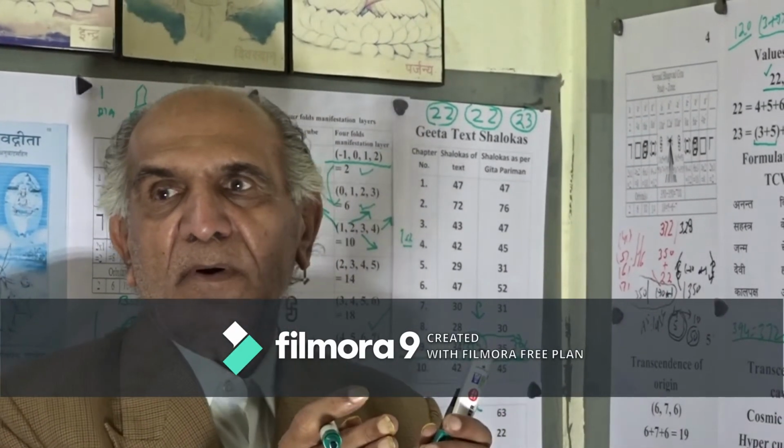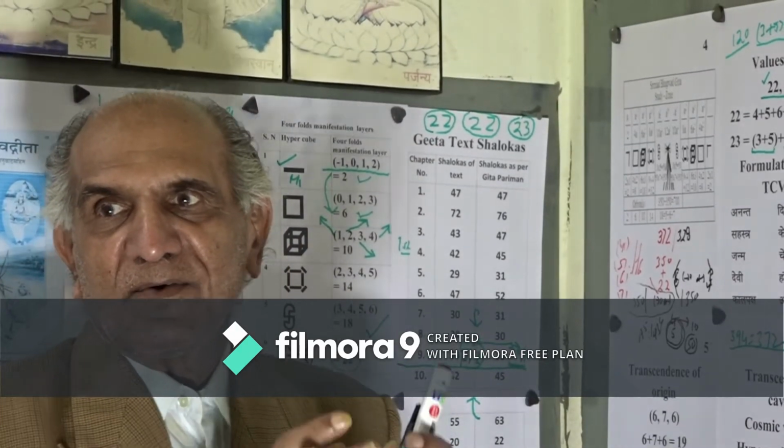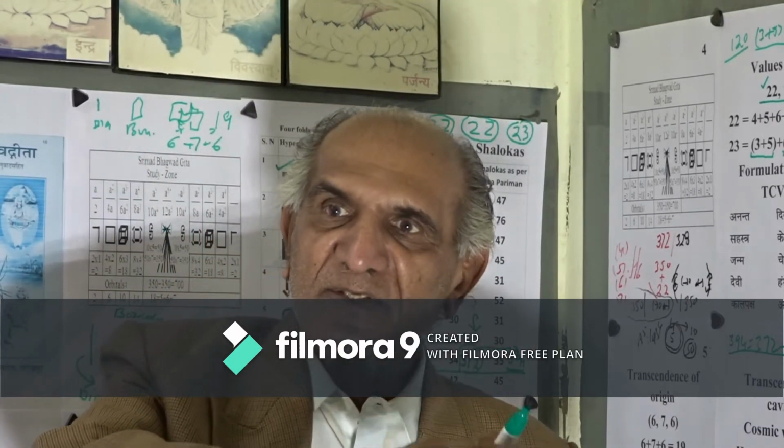It will become the geometric format for the periodic table. The human life cycle is going to be of 120 years.